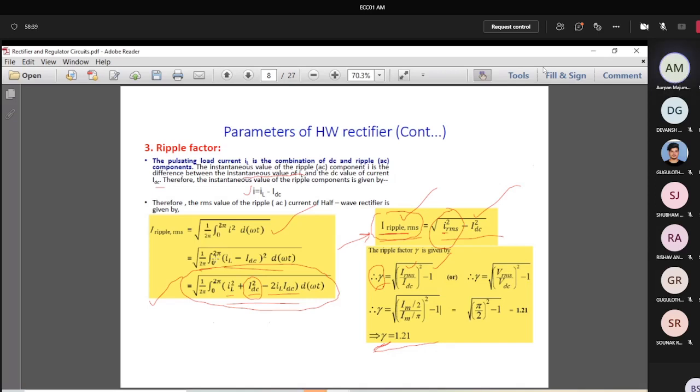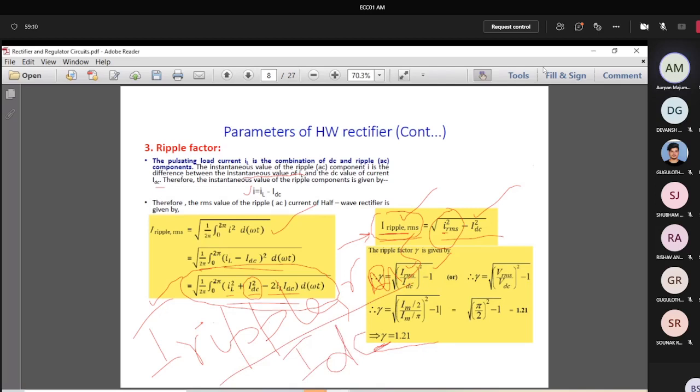Okay, what we are trying to get through the ripple factor is this: when we have gamma, the ripple factor, what is it? Let me write it once again. Ripple factor gamma is I ripple RMS divided by IDC. So what does it really mean?